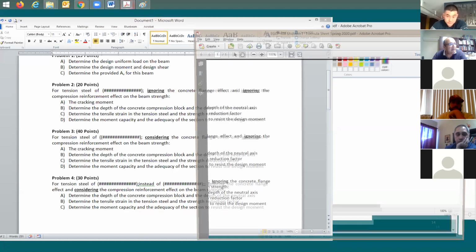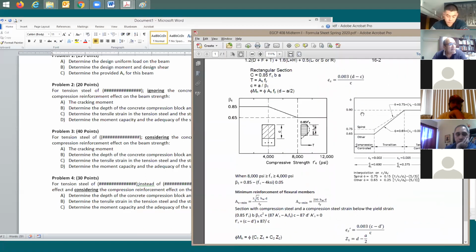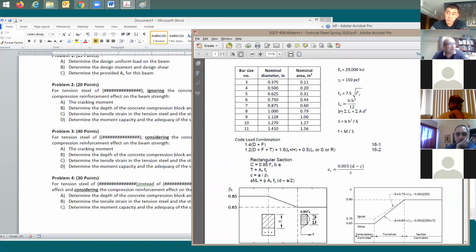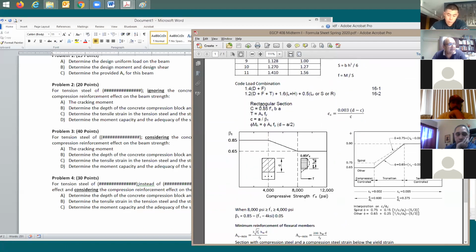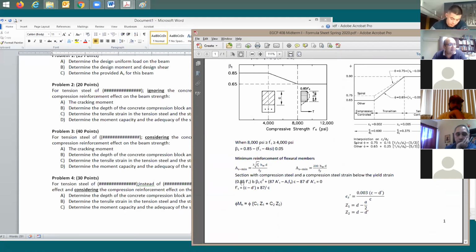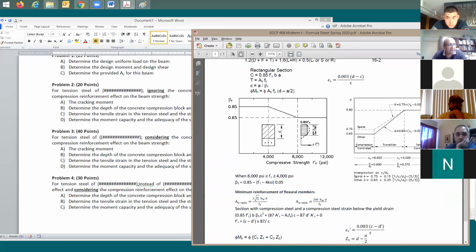It's going to have this type of equations, the bar size, load combinations. You remember this equation? You're going to see it there, this equation, this chart.